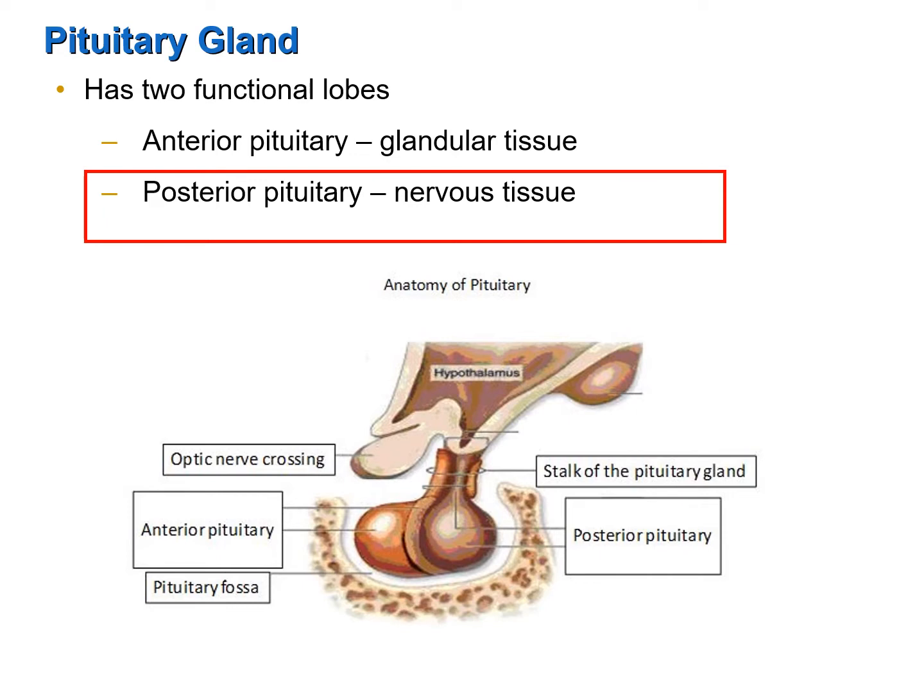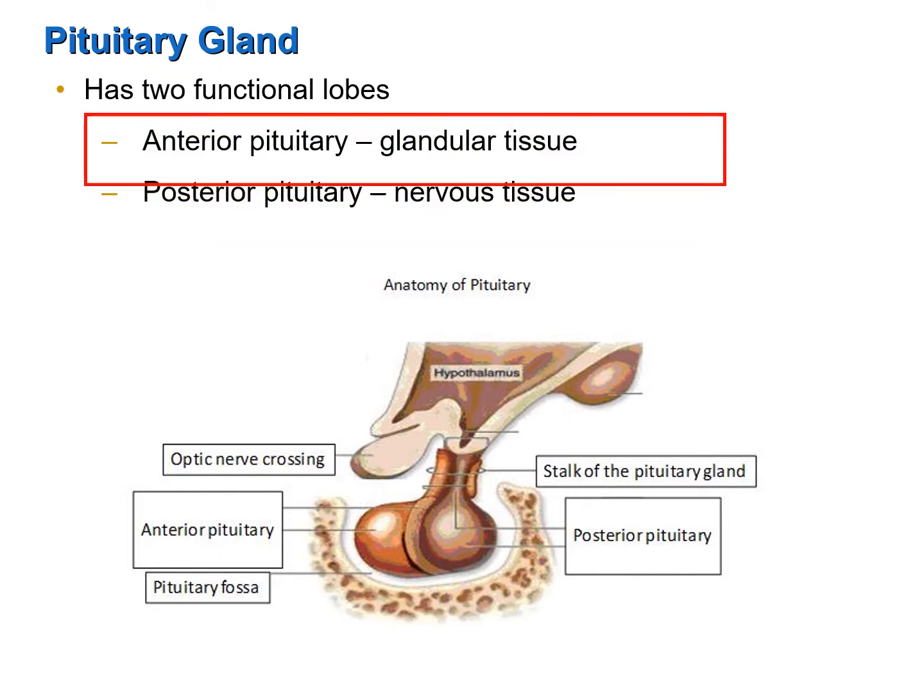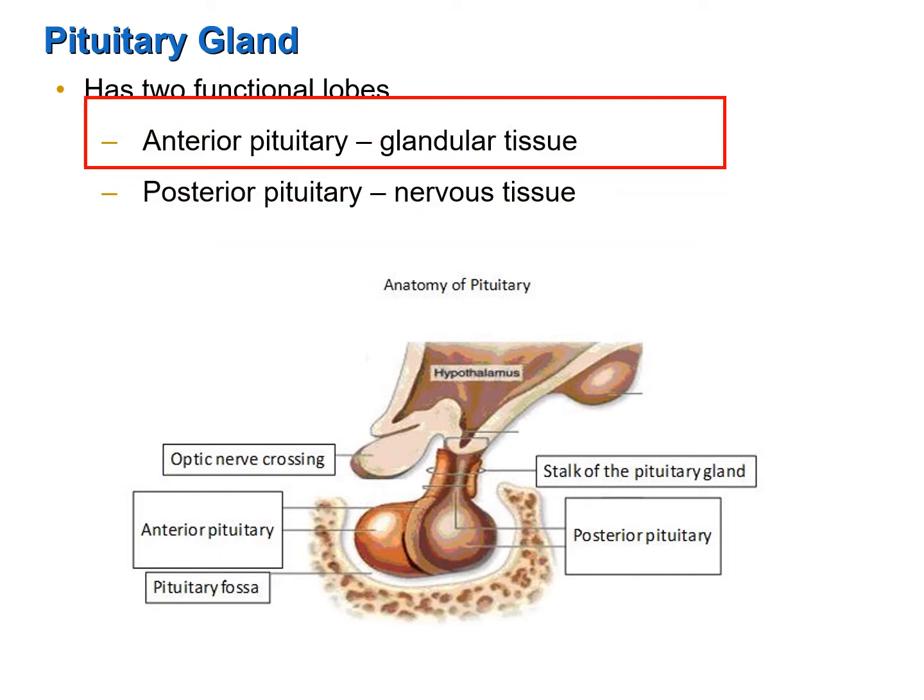Previously, we discussed the posterior pituitary gland and the two hormones that are produced by neurosecretory cells in the hypothalamus and then secreted from the axon terminals of those cells in the posterior pituitary gland. Those two hormones were oxytocin and antidiuretic hormone. We're now going to turn our attention to the anterior pituitary gland and the hormones that it releases.